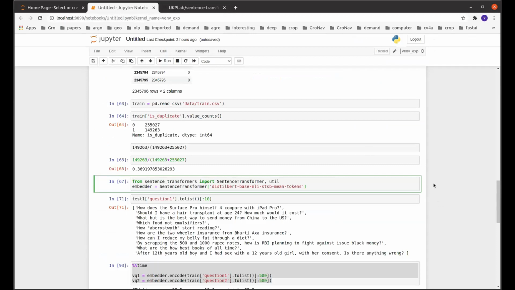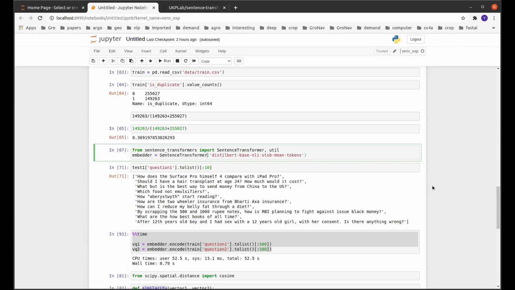I'd heard of TF-IDF, but I didn't know there was such a common sentence embedding paradigm.